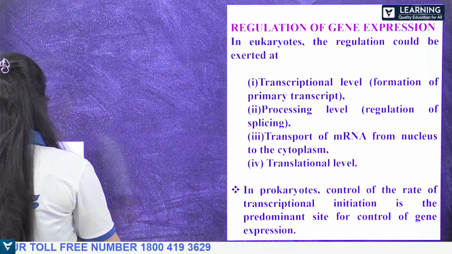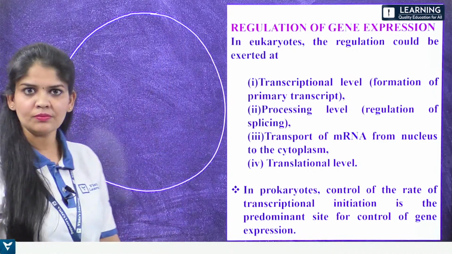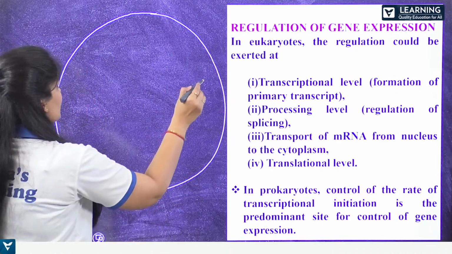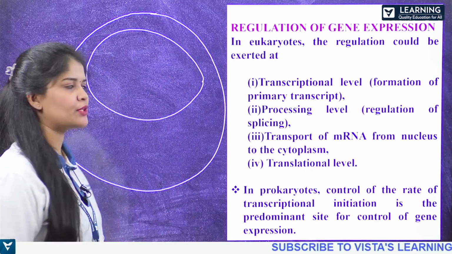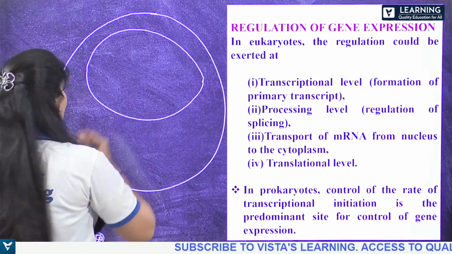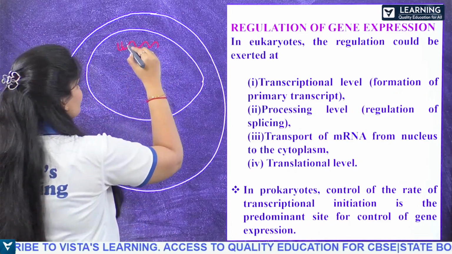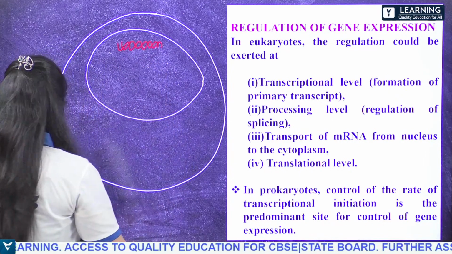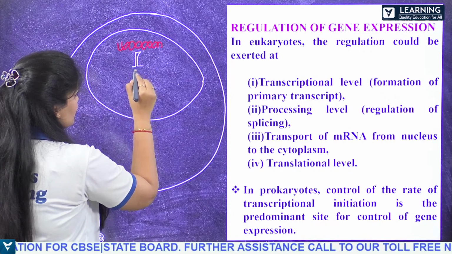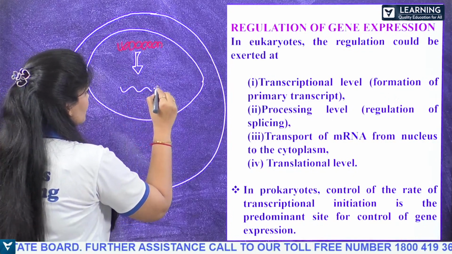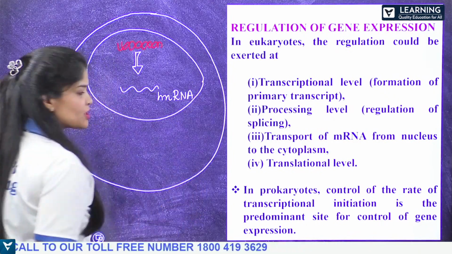So here, if you consider this as a eukaryotic cell, a well-developed nucleus is present in the eukaryotic cell, where we have DNA, which transcribes.